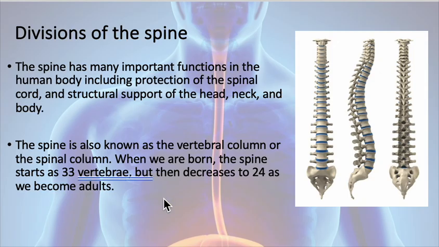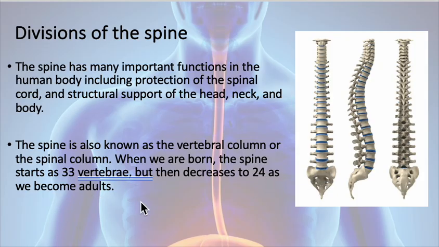So the spine has many important functions, including protecting the spinal cord. Again, that spinal cord of nerves sits within the vertebral column, and the spine also provides structural support for the head, neck, and rest of the body. When we're born, interestingly, the spine actually starts with 33 vertebrae, and then it decreases to 24 as we become adults.